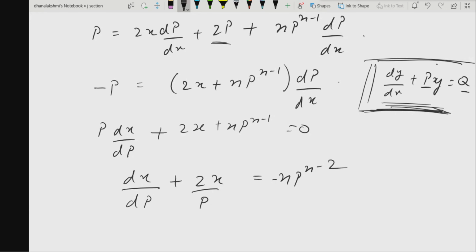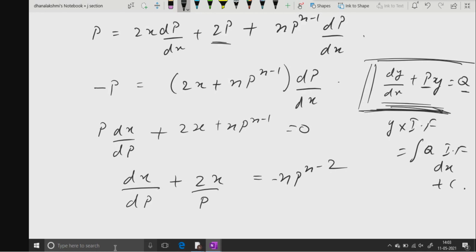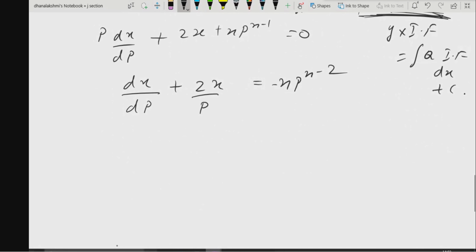What is the solution of this linear differential equation? This will be y into integrating factor is equal to integral Q into integrating factor with respect to the independent variable plus some constant. So here the variables are different. Instead of y you have x, and instead of x you have p. So you have to find the integrating factor here.